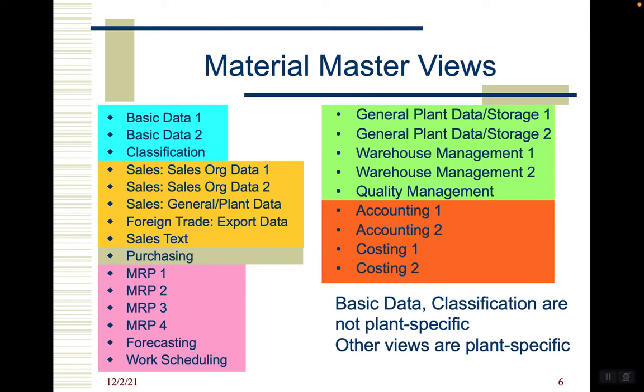And then finally, accounting. All right, so there's an accounting representation of material, right? Because material is an asset on our books, whether it's a spare part, a finished good that we're going to sell, or a raw material that's going to go into the processing. All right.